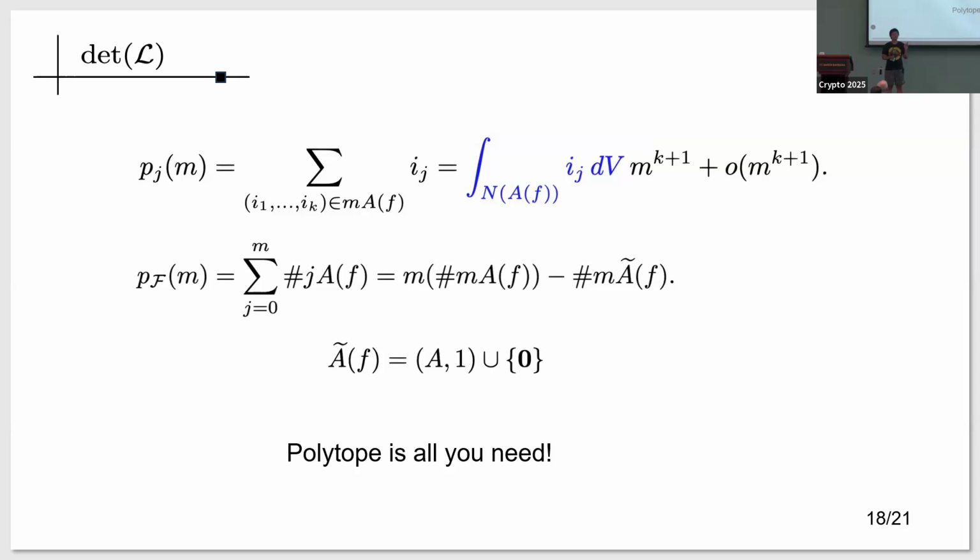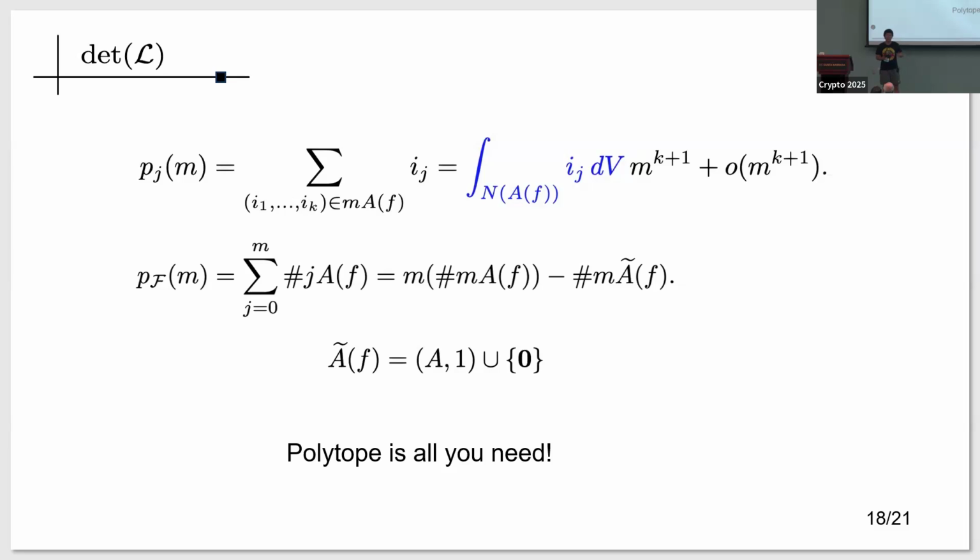We have a co-author from mathematics who worked on additive combinatorics, and he gave a very beautiful construction. He constructed A tilde, and we can also prove pf here is #A minus #A tilde. So the leading coefficient of pf here is the integral over A minus the integral over A tilde.